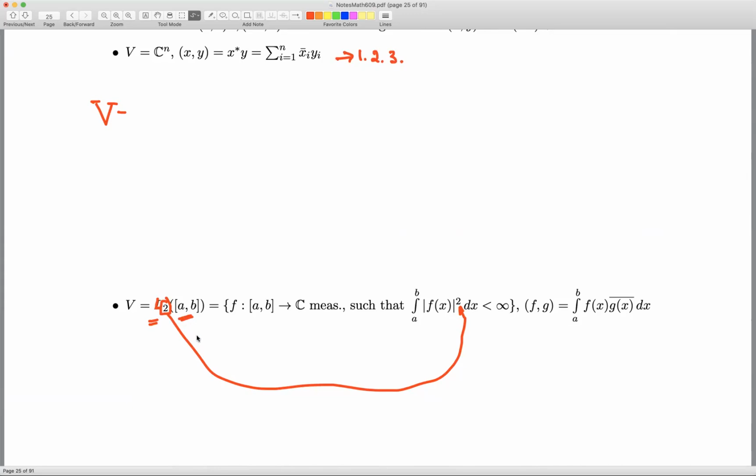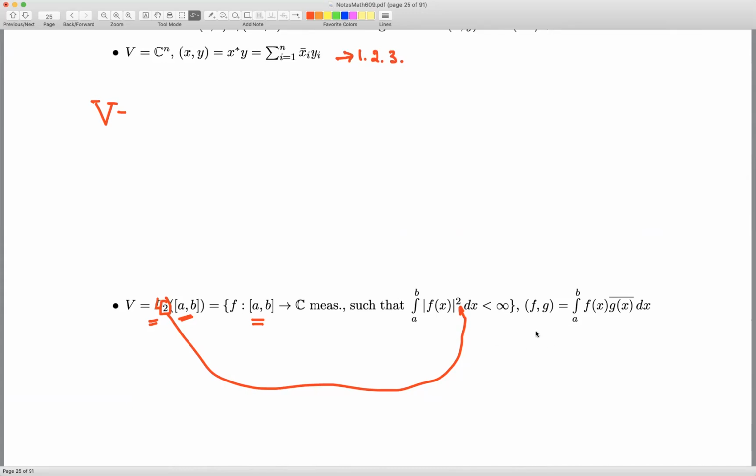This interval can be open, closed, finite or infinite. So L2(a,b) is the set of all measurable functions defined on the interval (a,b), with complex or real values, such that the Lebesgue integral of the absolute value of f of x squared dx over the interval (a,b) is finite.